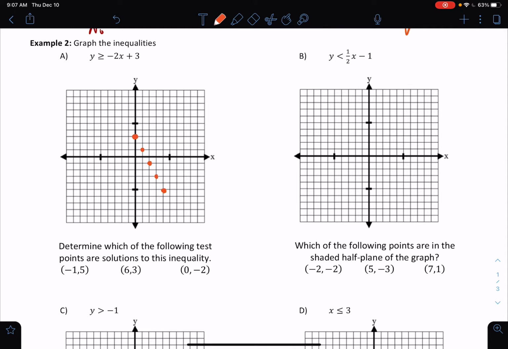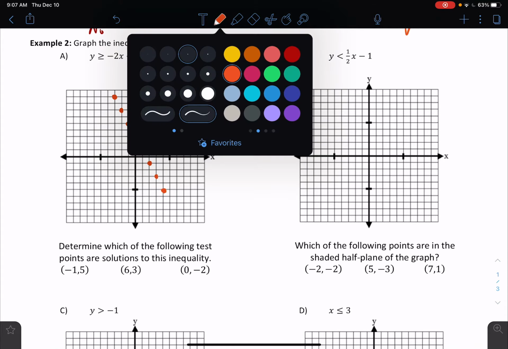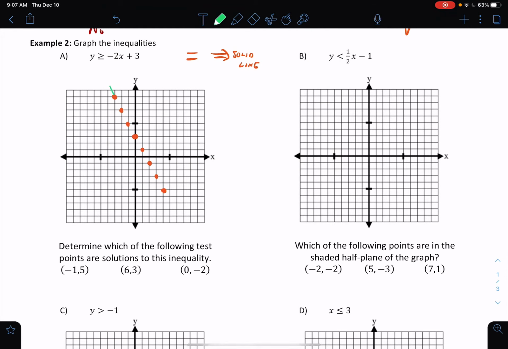Or I could go up 2 to the left 1, up 2 to the left 1. Now the symbol is saying y is bigger than or equal to negative 2x plus 3. Since I have equality, I'm going to have a solid line connecting these points.